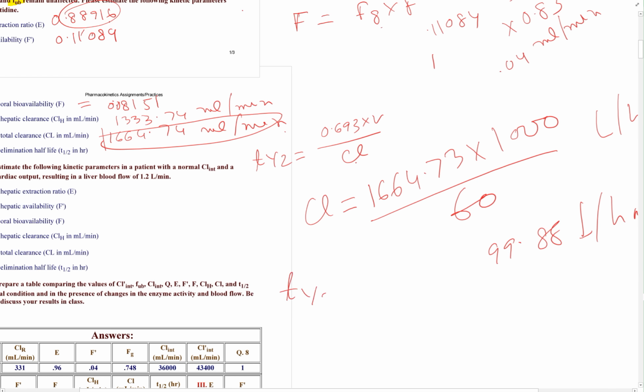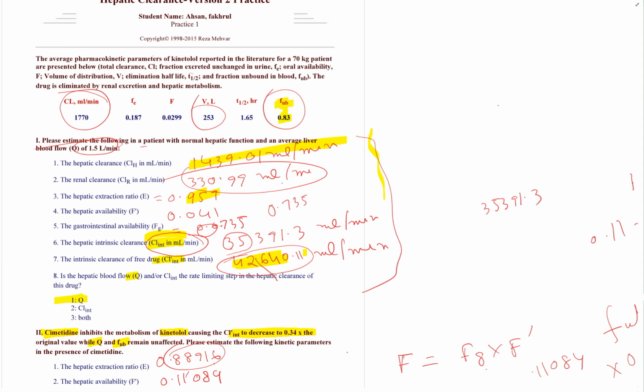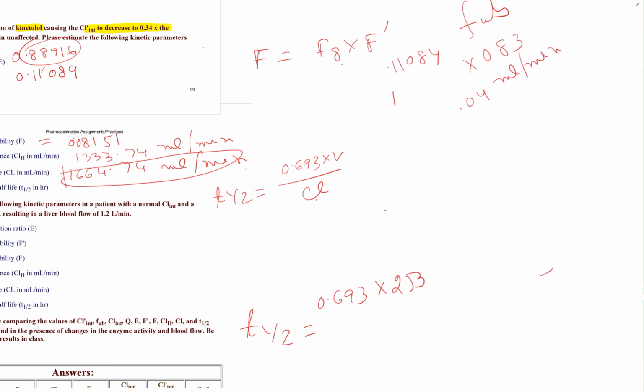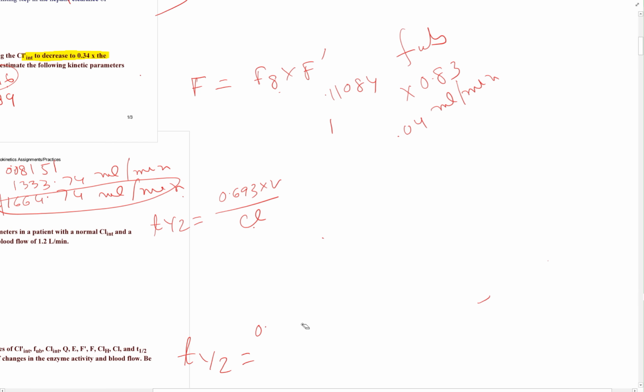Now T half is equal to 0.693 times 253, which is V here, divided by 99.88, which is equal to 1.7553 hours. So this is how you calculate half-life.